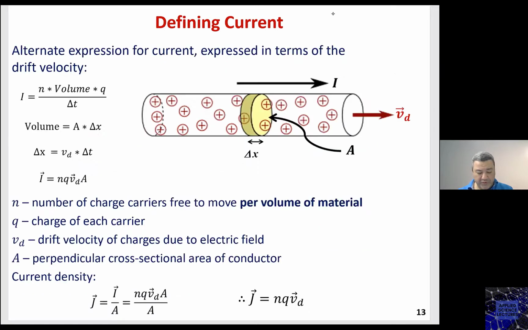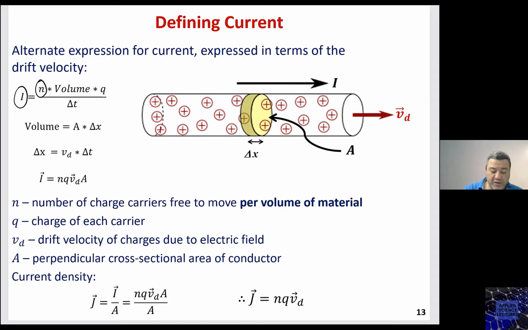Now, if we want to derive this current using the drift velocity and also the carrier density in the volume, it will be derived as follows. We have the current equals N, which is the charge density in the volume, so that's the density of the carriers, times the volume.